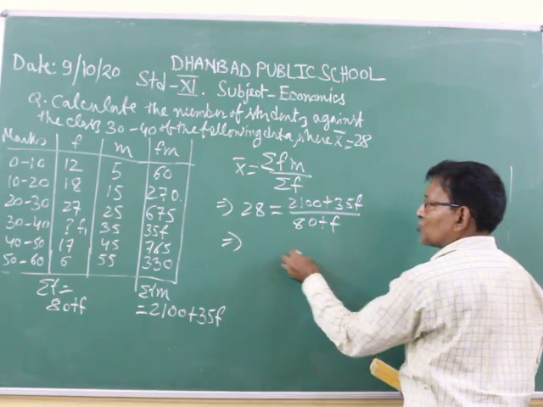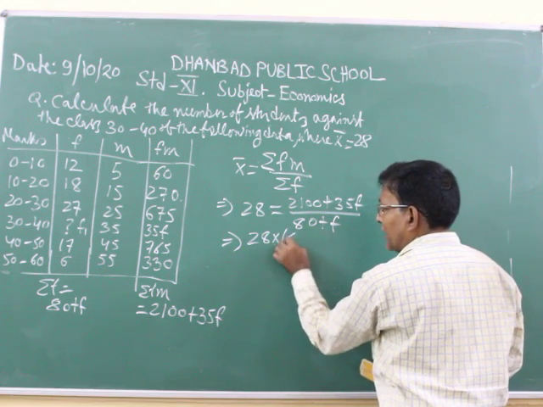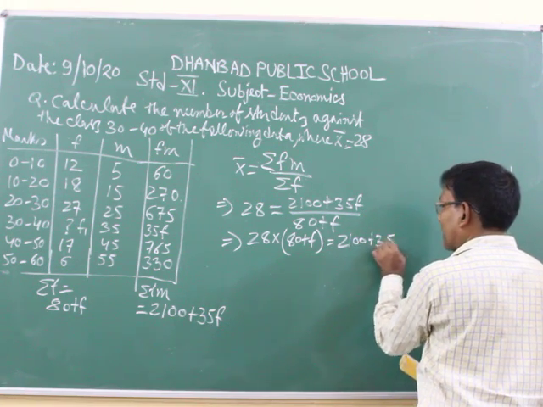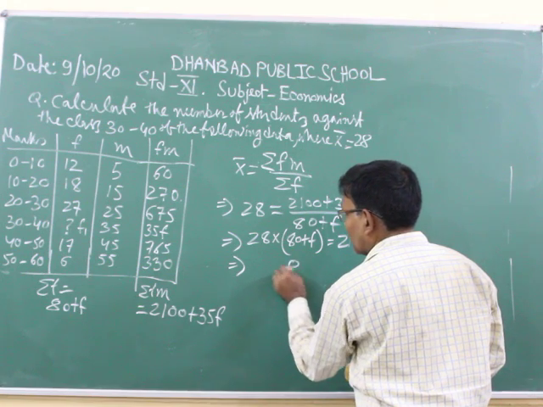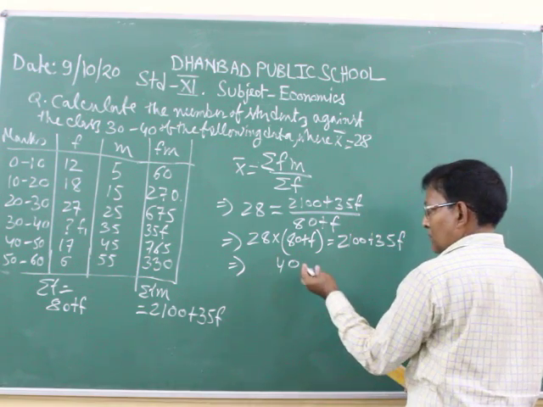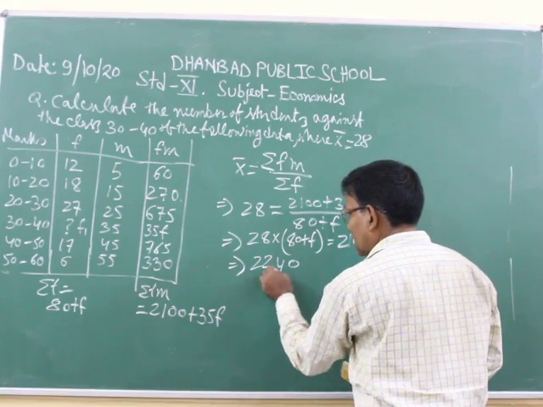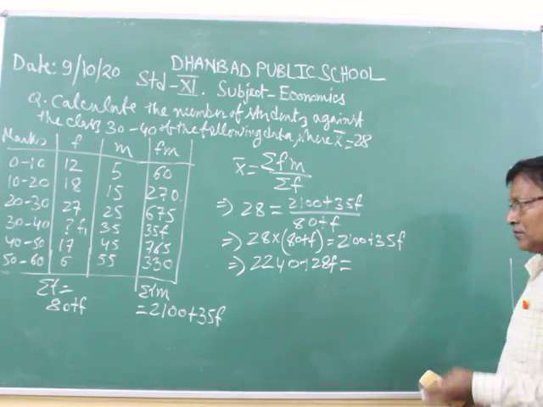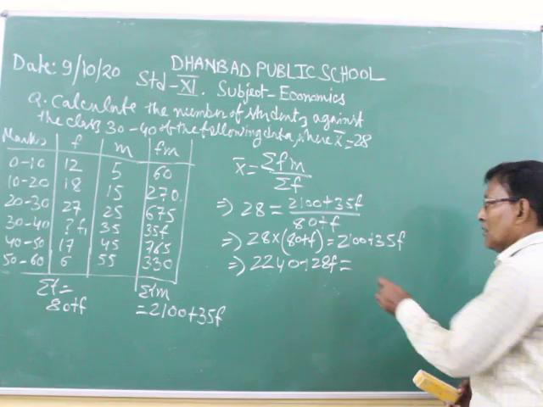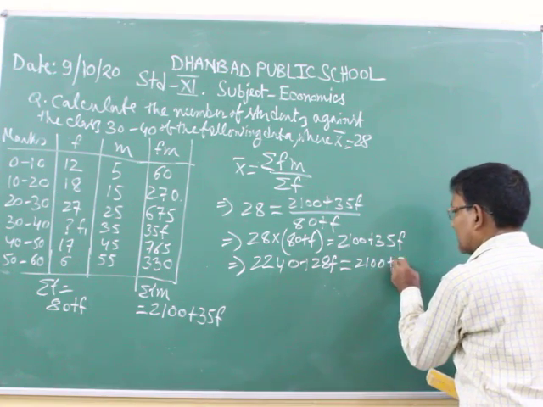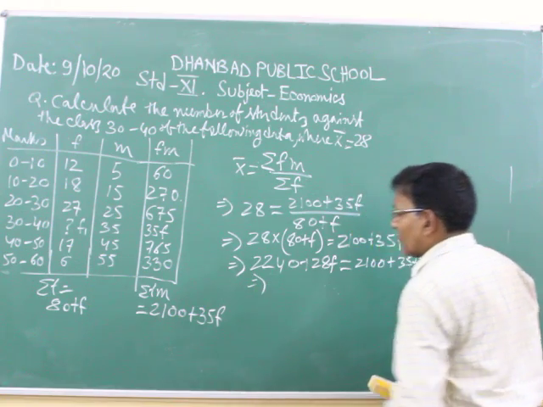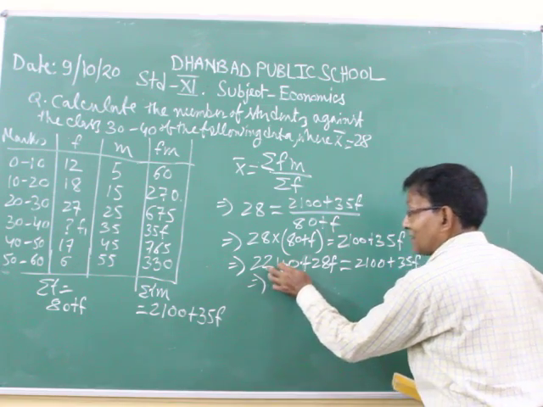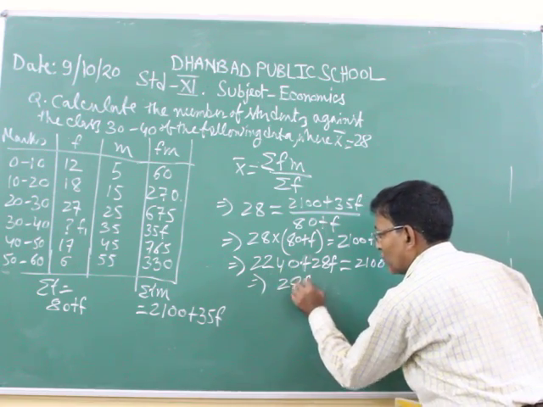Now we cross multiply these two. 28 into 80 plus f equals 2100 plus 35f. That is 2240 plus 28f equals 2100 plus 35f. So we will write the values of f on one side and the constants on the right hand side.